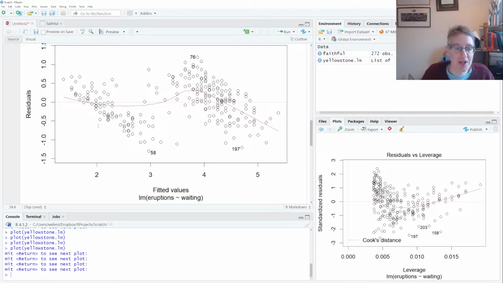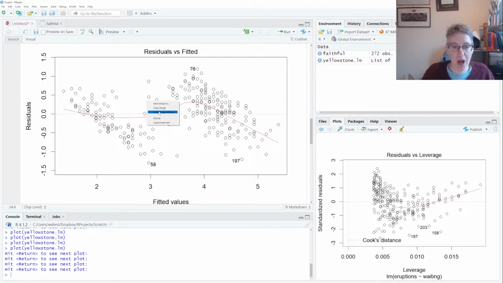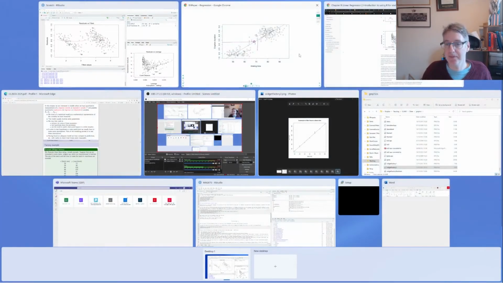There should be an equal number of points above and below 0, positive and negative residuals, and there should be no pattern as we move from left to right. R by default tries to draw this red line, which is sometimes helpful, but in this case it kind of draws our eyes to a potential problem here.